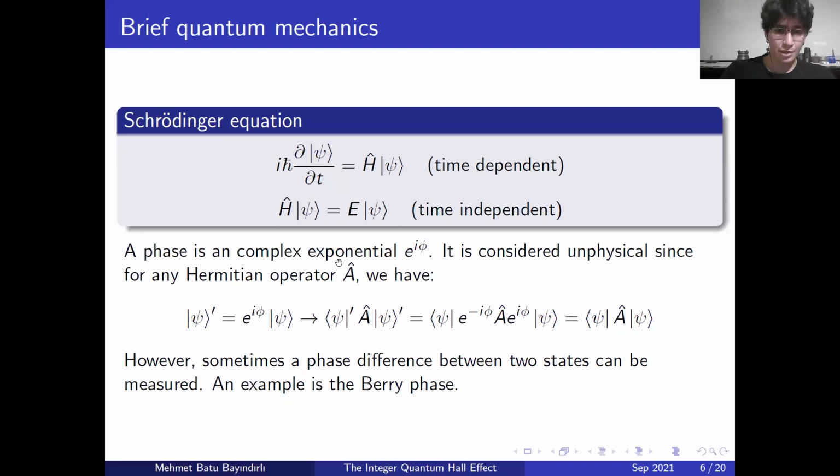So when we measure things, or let's say when we take the expectation value or the average of an operator A, the phase has no effect on the measured value. So we usually call these unphysical because they have no effects on the measurements. But sometimes we can measure these phase differences, and one example is the Berry phase, which I'll introduce. Okay, so what is the Berry phase?